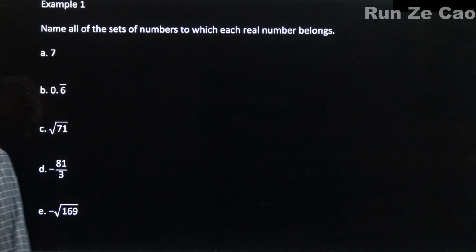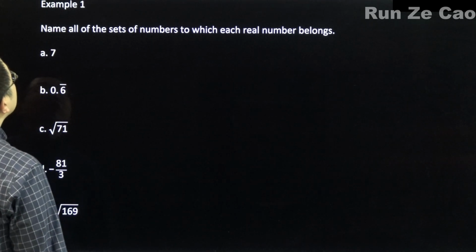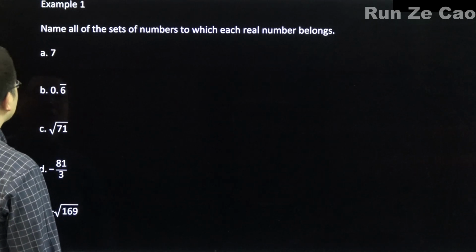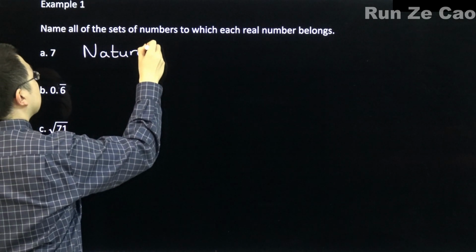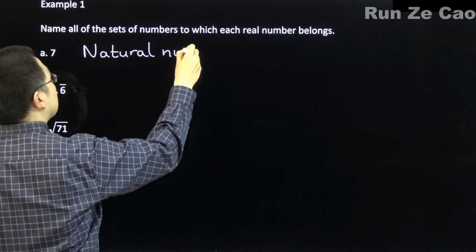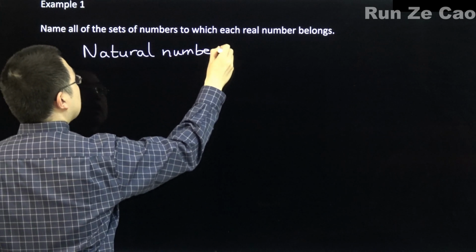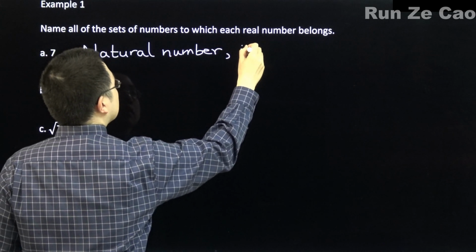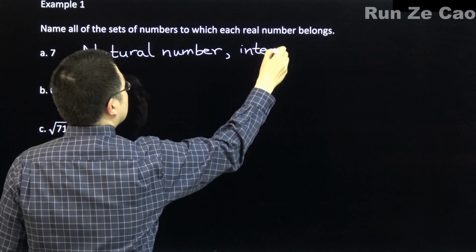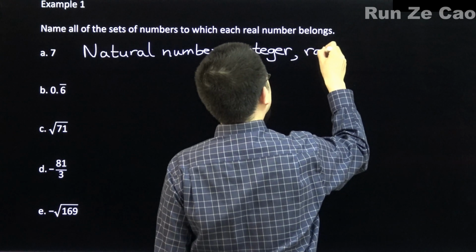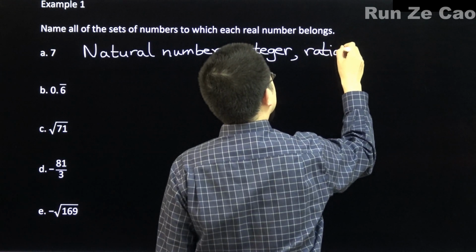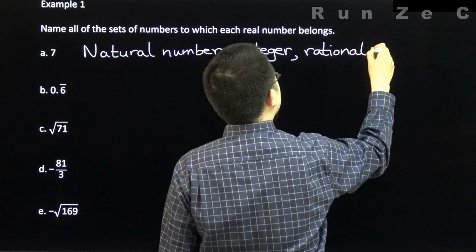But for our purposes, we generally keep our math work to the real numbers, at least for this grade level. 7 is a natural number. It's an integer. And it's a rational number.